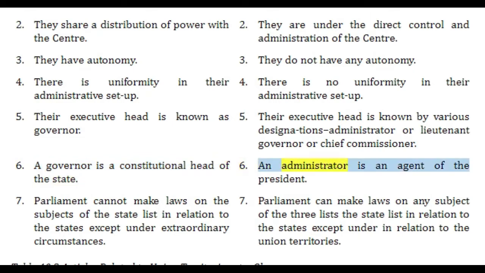An administrator is an agent of the president. 7. Parliament cannot make laws on the subjects of the state list in relation to the states except under extraordinary circumstances. 7. Parliament can make laws on any subject of the three lists, including the state list, in relation to the union territories.